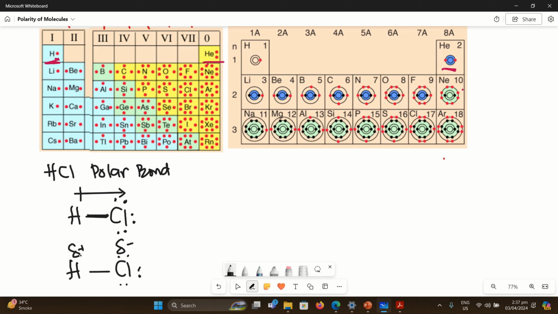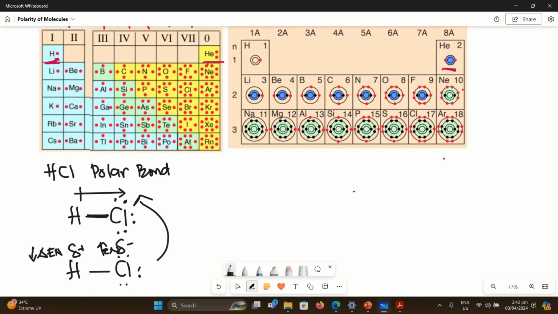Kasi nga, lower electronegativity difference. This is lower electronegativity difference. Then, this is higher electronegativity difference. That's why it is polar.